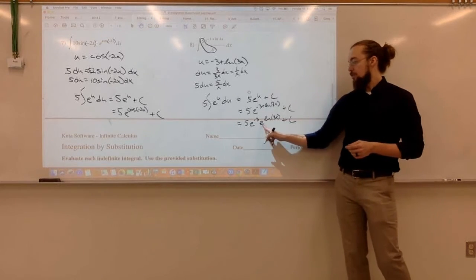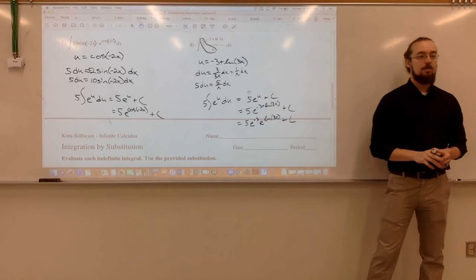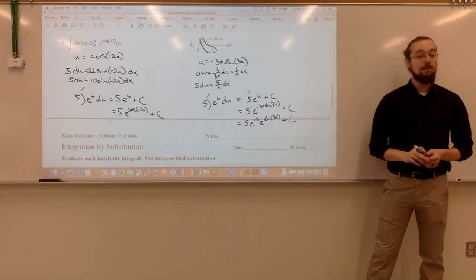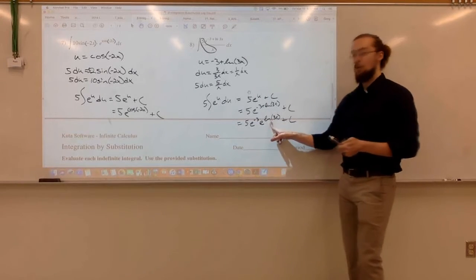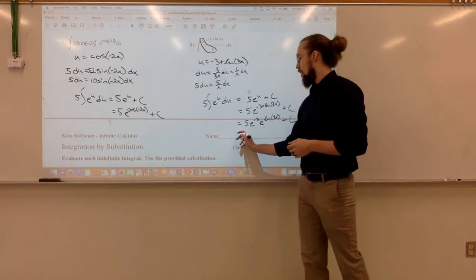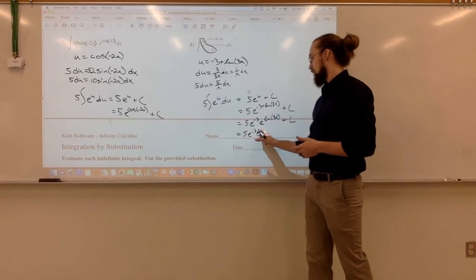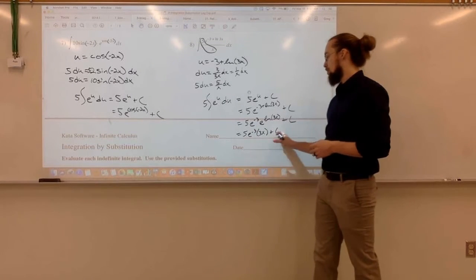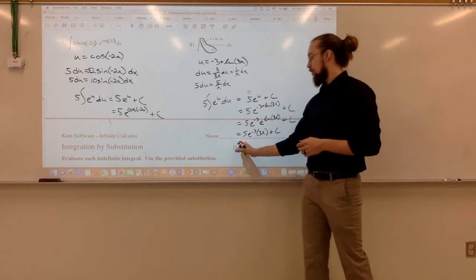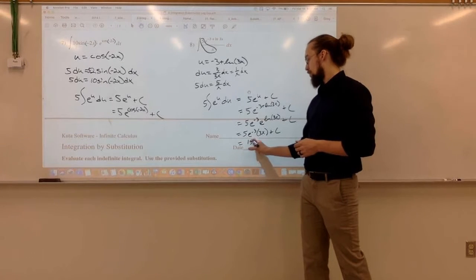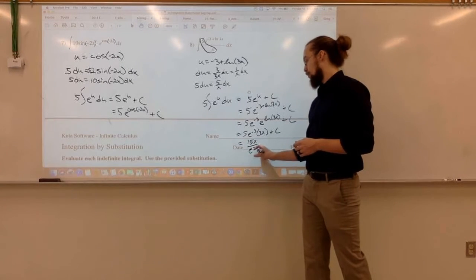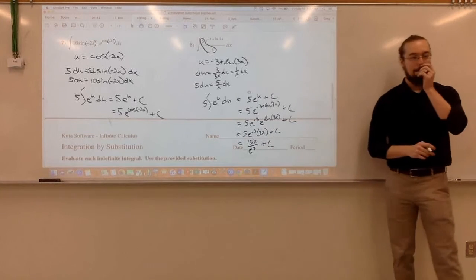And what's e to the natural log of 3x? 3x, right? E and the log base e would cancel out, and then I could just say this is 5 times e to the negative third times 3x plus c, which I could even simplify to 15x over e to the third plus c.